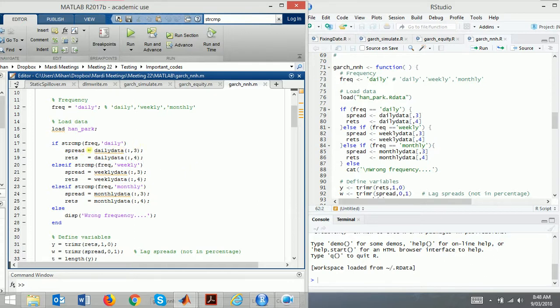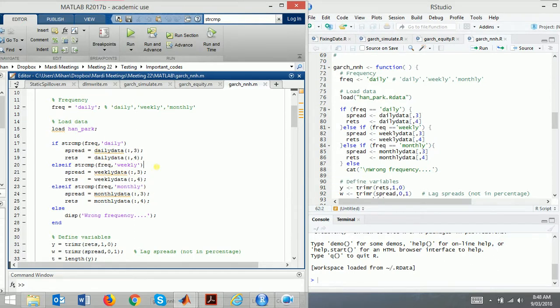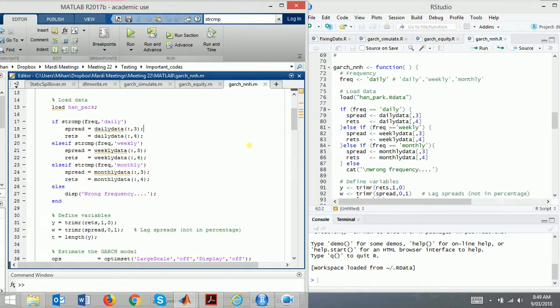If string comparison frequency is daily, so we are taking the variable daily data, for which we are taking the third and the fourth column. So there are 3 different variables: daily, weekly and monthly structure is there from our actual data. Okay, fine.